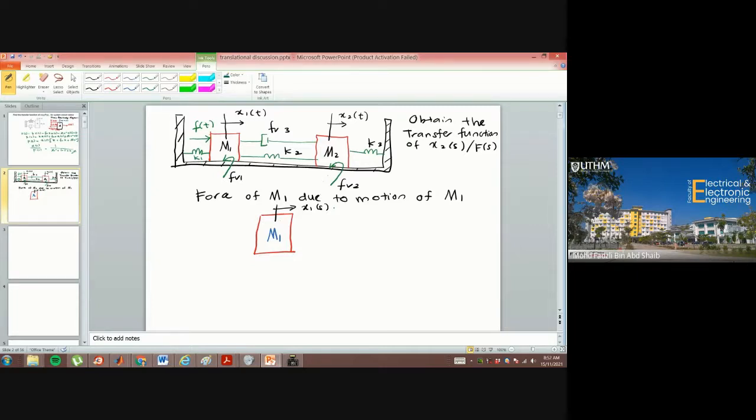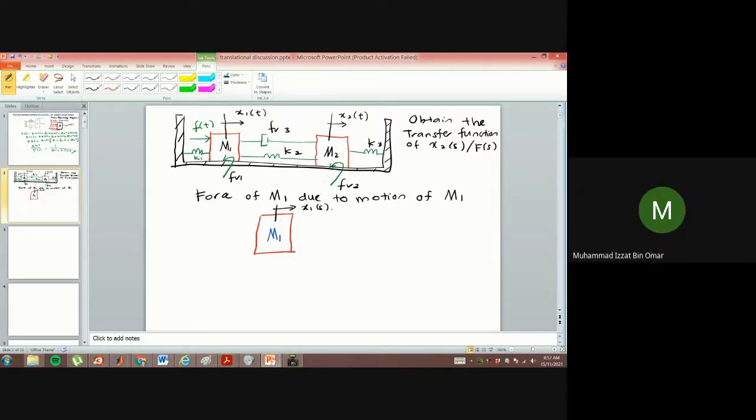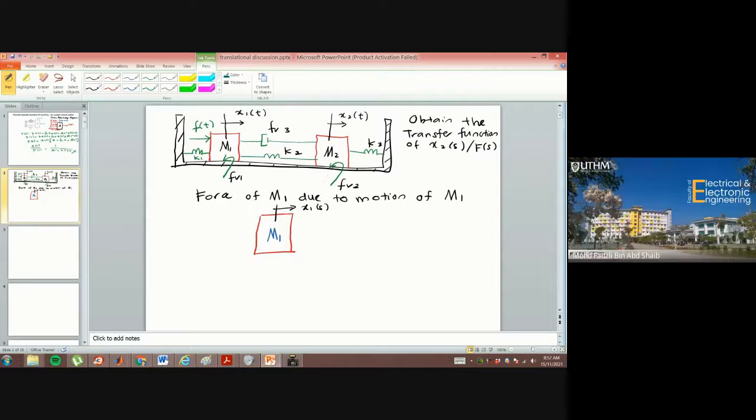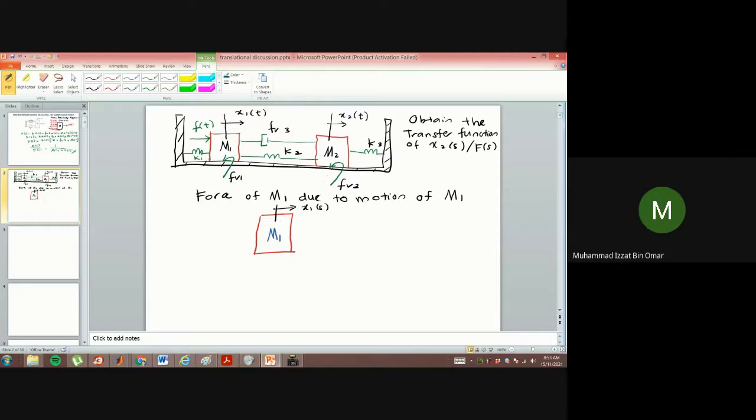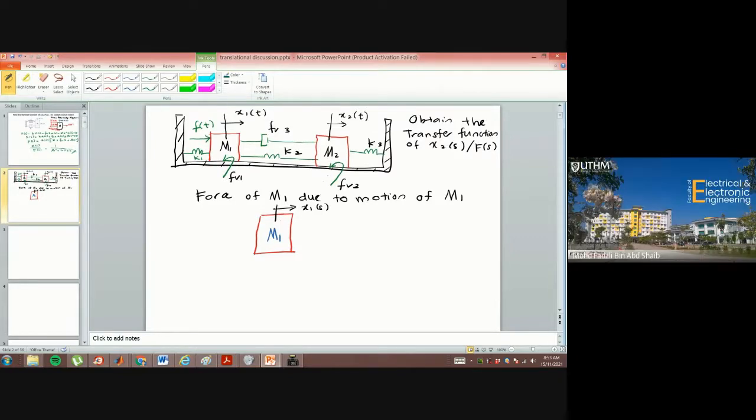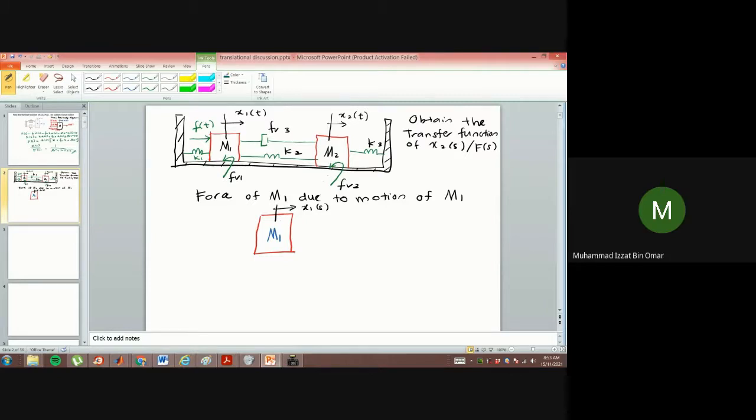Berapa force dekat M1? Four, doctor. FT, FV1.